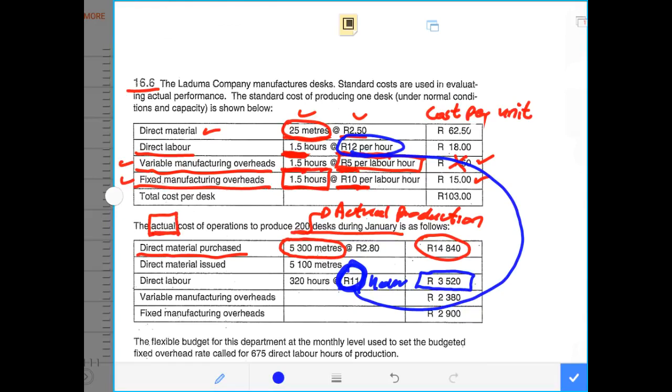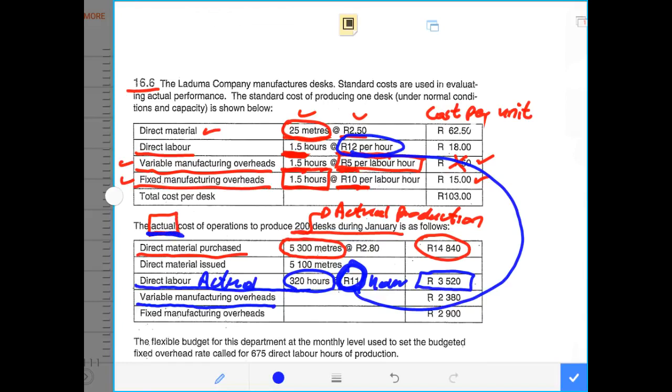So now we are already provided with that. Therefore now we can go to the next entry, which says variable manufacturing overheads. And before we move further, I want to bring this to your attention. We are given the direct labor hours, which is 320, and as I said to you, this is actual labor hours, because it is under the actual information.